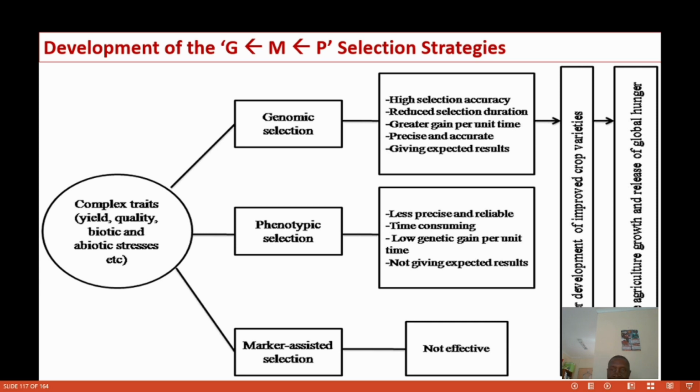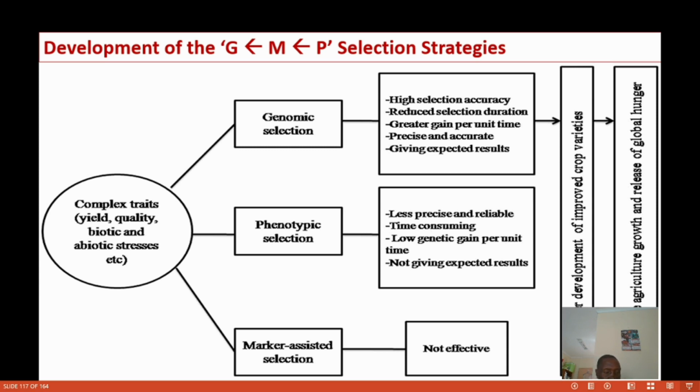Then genomic selection is becoming very useful because it has high selection accuracy. It reduces the selection cycle duration. Remember, as we said before, in plant breeding using selective breeding or phenotypic selection, it can take between 12 to even 20 or 30 years.